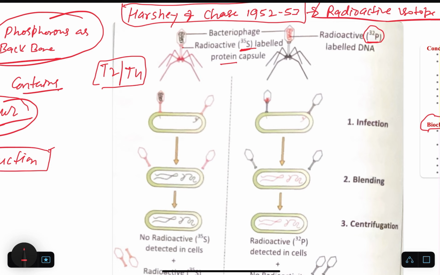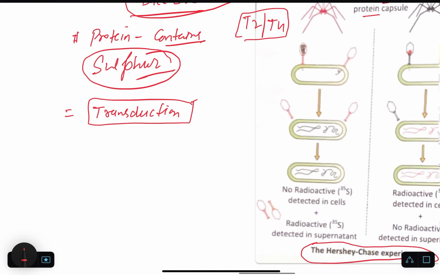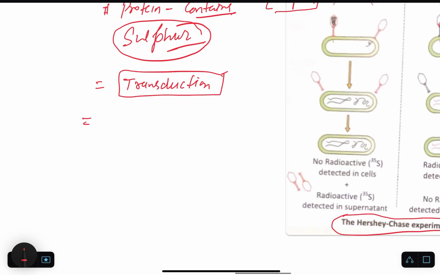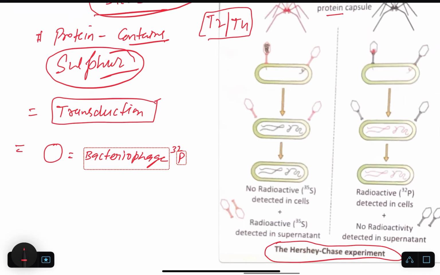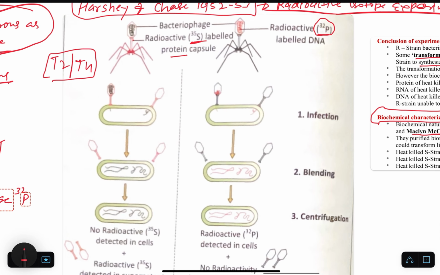A similar experiment is performed, but now first of all, what they do is they use a petri plate and feed the bacteriophage on P32. Some bacteriophages are fed on P32 like this, and make infection to this.